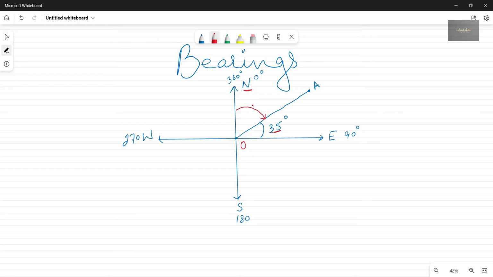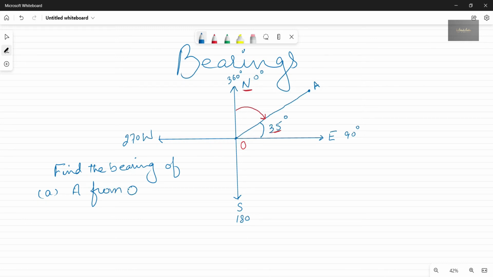So a question statement is normally like this. Let me write the statement. The question is: find the bearing of A from O. Now that's how the question comes.